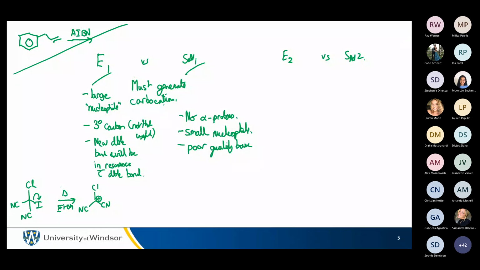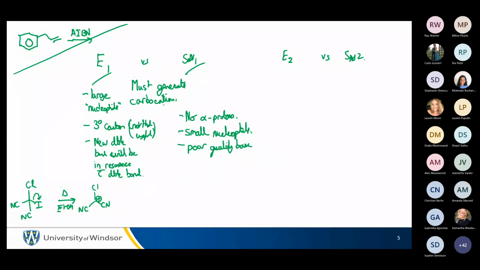And if the new double bond you're going to generate with the E1 is going to be in conjugation with another double bond, that really favors the E1 over the Sn1, because then your double bonds are going to be in conjugation with each other. That is massively stabilizing. But you can see the big difference here is the size of the nucleophile. Small nucleophiles are more likely to do Sn1, large ones are more likely to do E1.